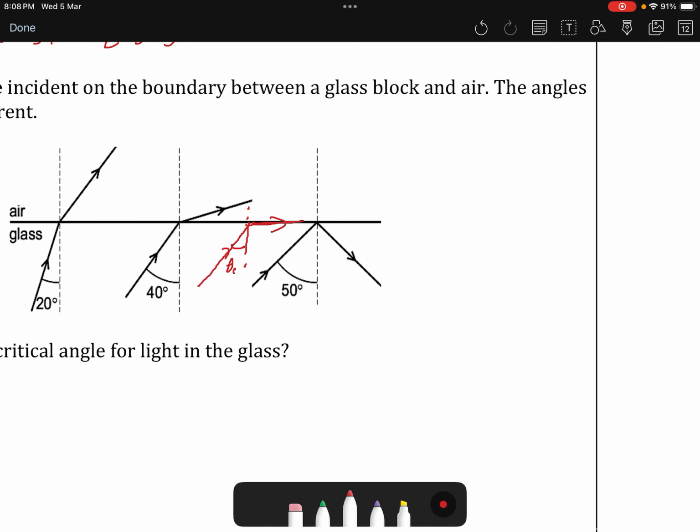Now, if the incident angle is greater than the critical angle, we will have reflection. If the incident angle is less than the critical angle, we will have refraction.